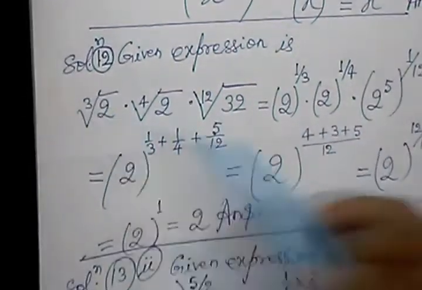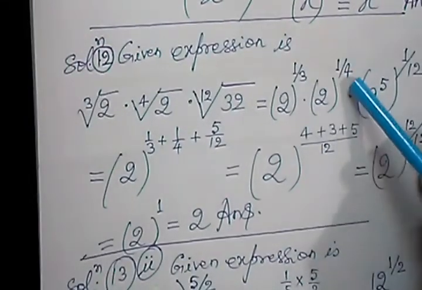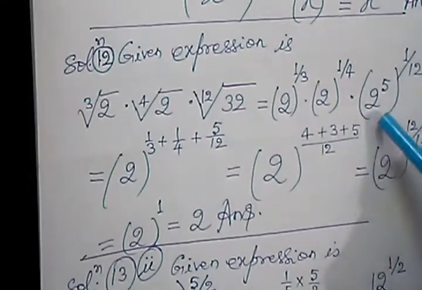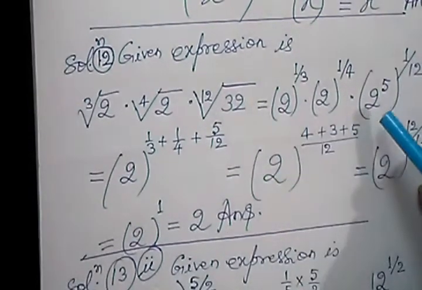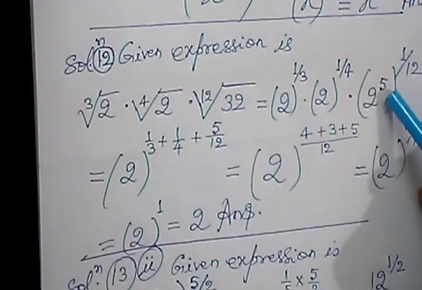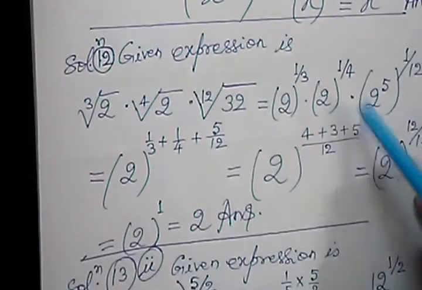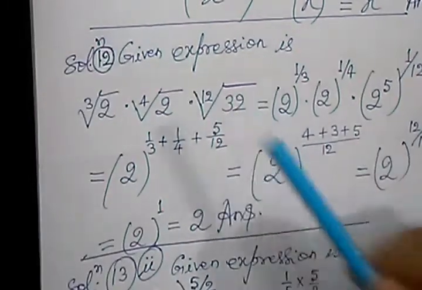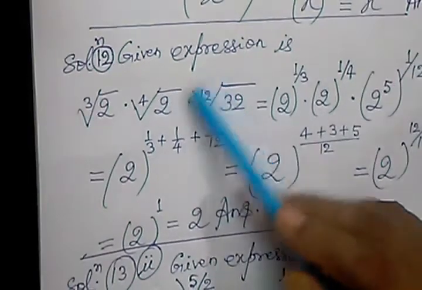So this is 2 to the power 1 upon 3 into 2 to the power 1 upon 4 into 2 to the power 5, because this 32 can be written as 2 to the power 5, since when 2 is multiplied 5 times you will get 32. And here the power is 1 upon 12, because this is the 12th root.